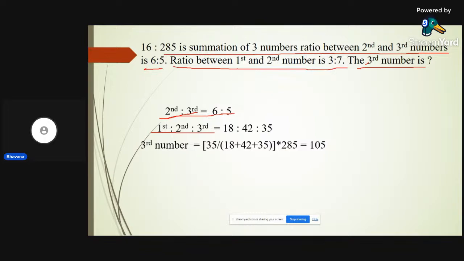Then the first and second ratio will be 3 is to 7. The third number we don't know, so we have to find out the third number here, using the first and second ratios. So how can we find the answer here?